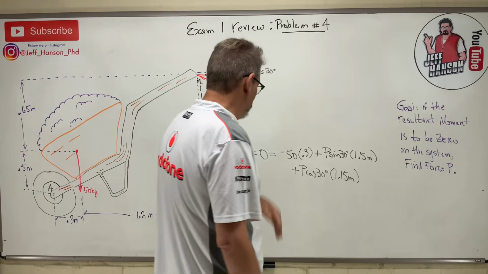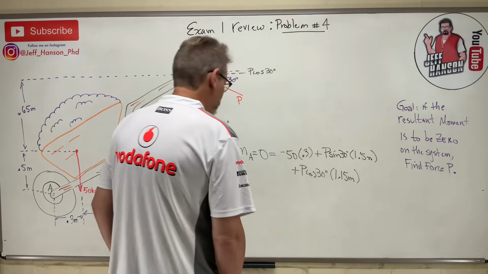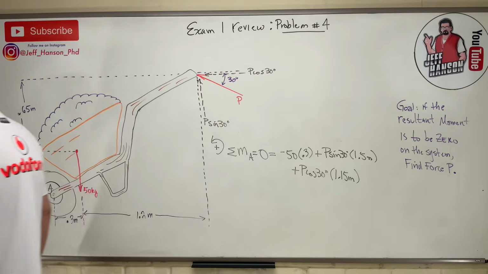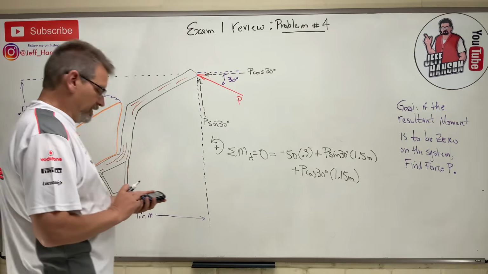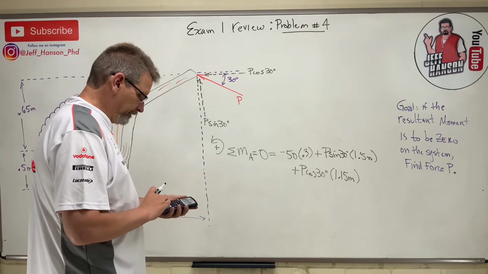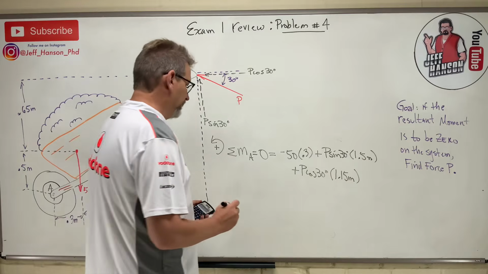So what's left is an equation with nothing but P in it. Okay, where's my calculator? All right, here we go. 50 times 0.3, that's 15.